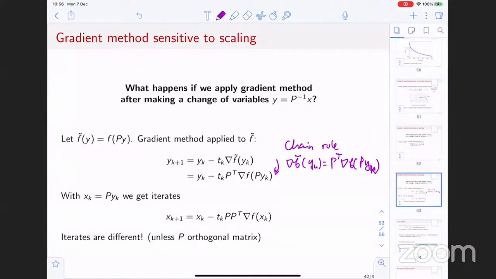Now if I multiply by P on the left, because x_k is equal to P times y_k, we get this iteration rule.